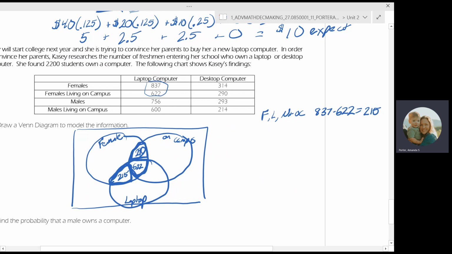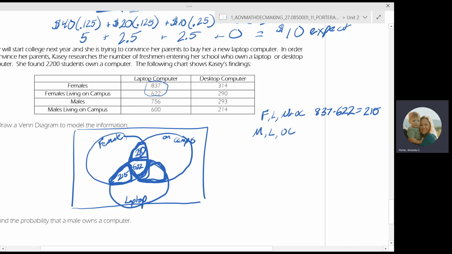Now another section over here, this right here. That section is not female, so males with a laptop on campus.